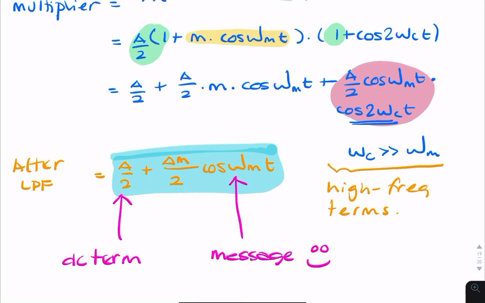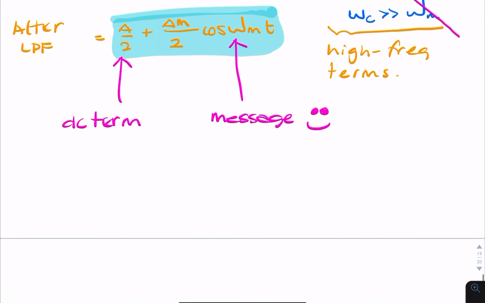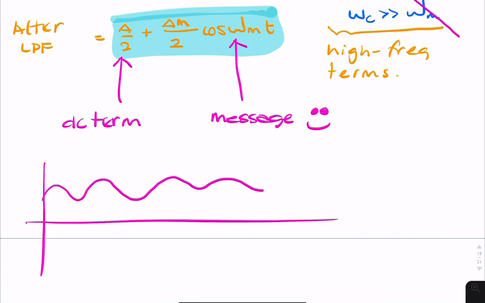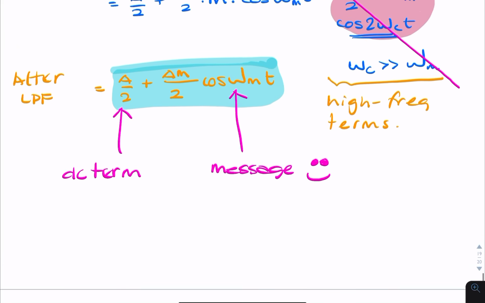So we've been able to recover our message from the AM signal using a synchronous, a coherent demodulator. These high frequency terms are removed by the low pass filter. This DC term is just a shift. So we have a DC shift of A over 2, but that's harmless. It doesn't affect the quality of our signal.